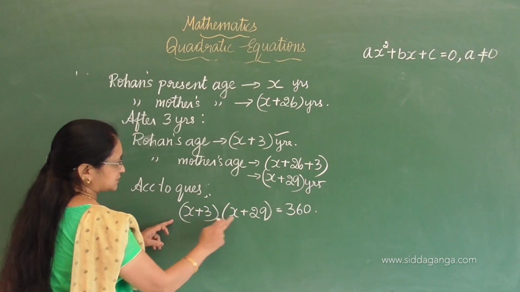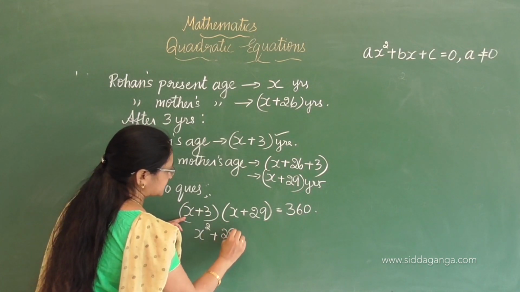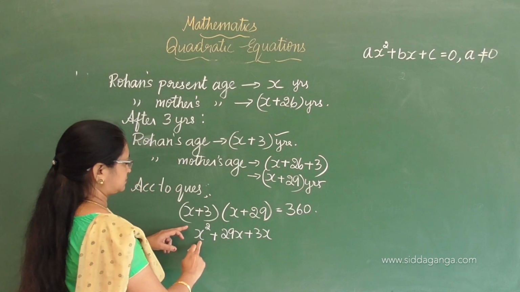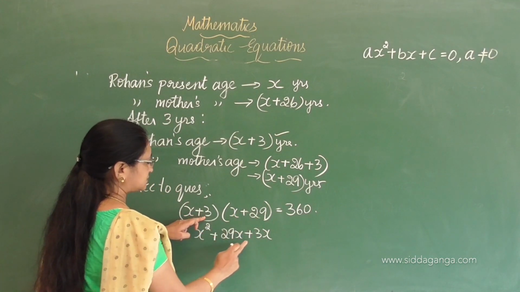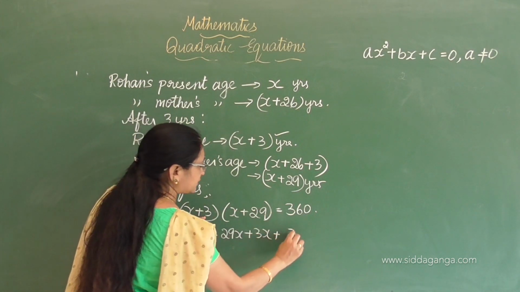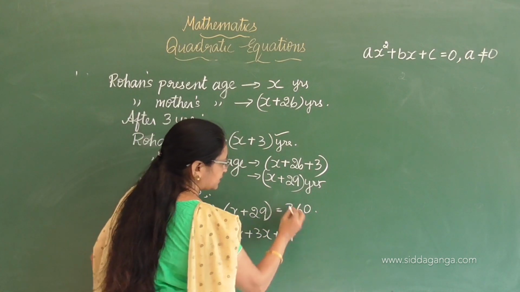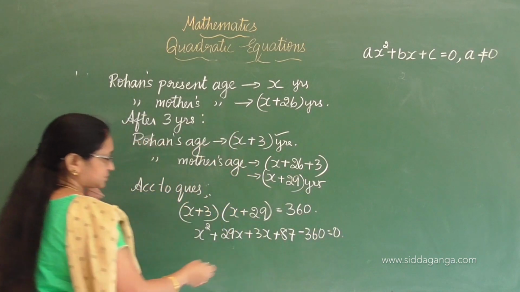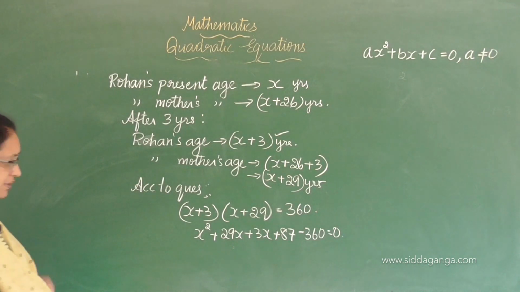See here, x into x, x square, 29x, 3x, then plus 3 into 29, 9 3s are 27, 2 3s are 6, that is 87, then minus 360 is equal to 0. If you solve this, you will get a quadratic equation.